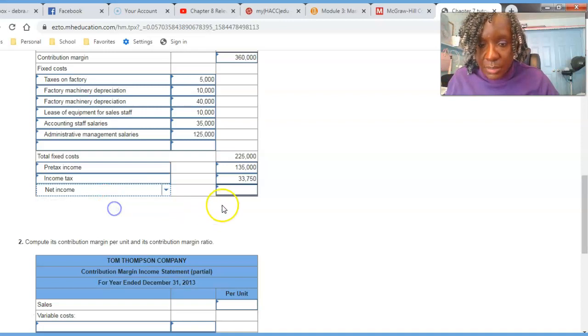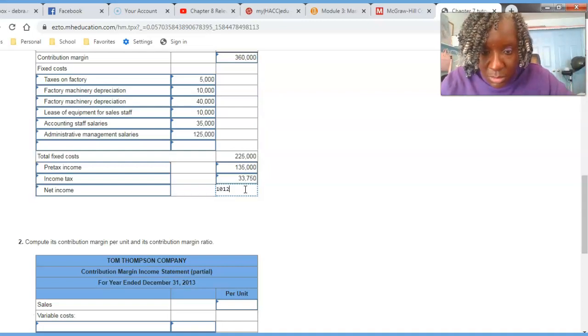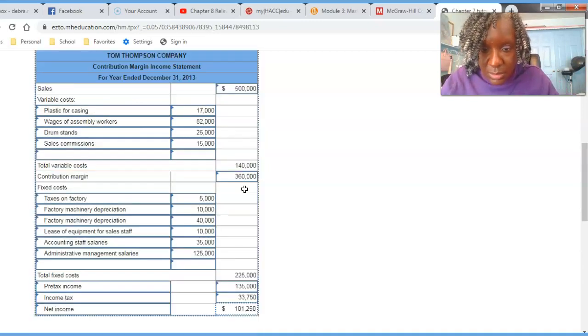Our net income is going to be the difference between the 135,000 and the 33,750. I get 101,250. So far, so good.